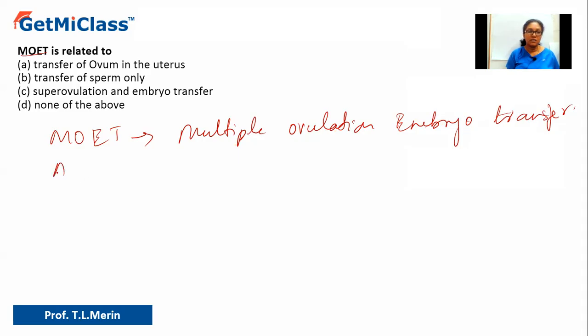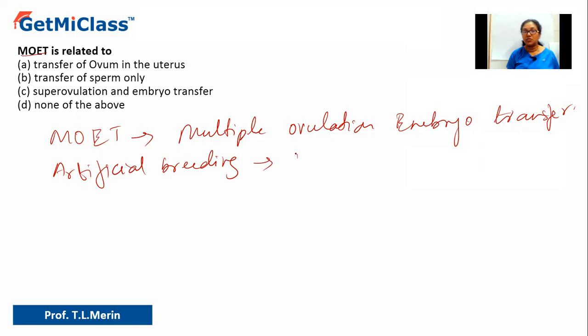Because this is done during artificial breeding. So during artificial breeding, what happens? As I have mentioned in the previous question as well, artificial breeding is a type of breeding where manually the male gamete can be transferred into the uterus of the female.